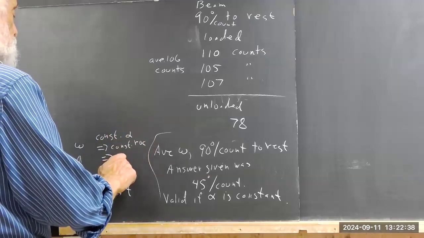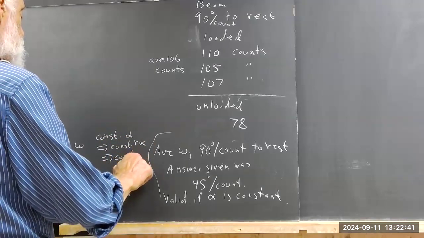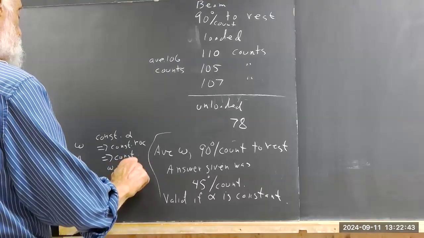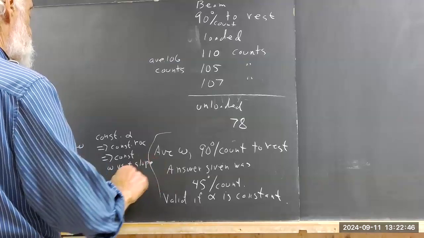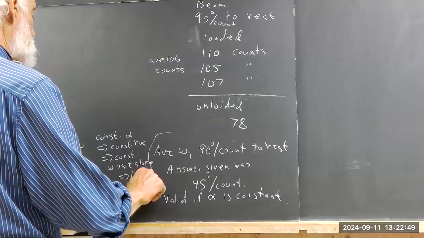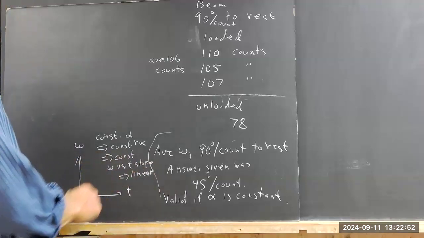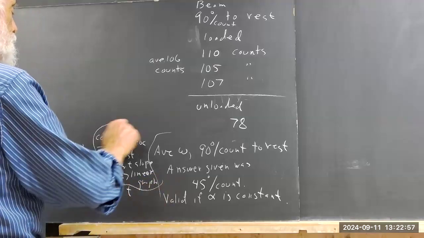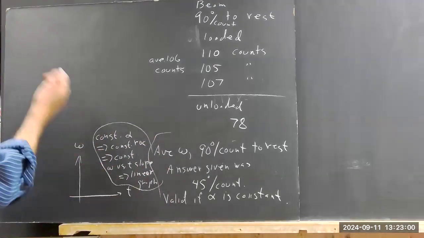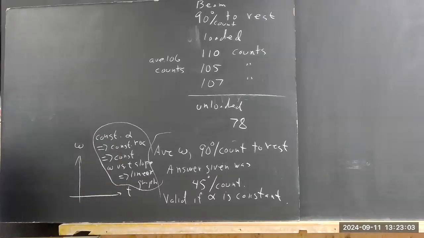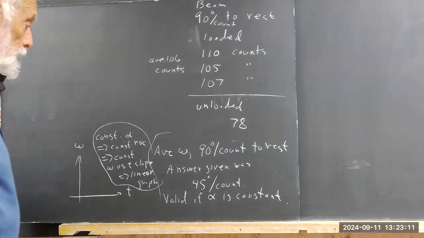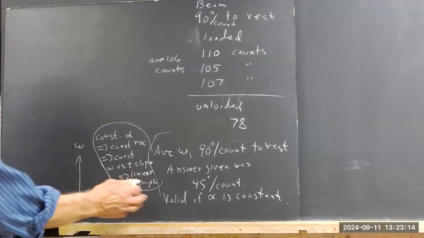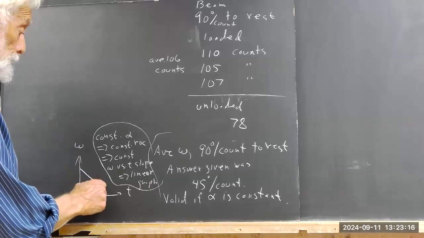Constant rate of change implies constant omega versus t slope, which implies a linear graph. And right there's half the concepts in calculus. So you really have to understand that. If you don't understand that, you don't understand calculus. And if you understand that, it doesn't mean you understand all of calculus, but there's a good chunk that it illuminates, as far as the meaning of calculus.